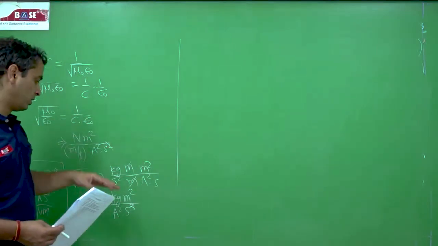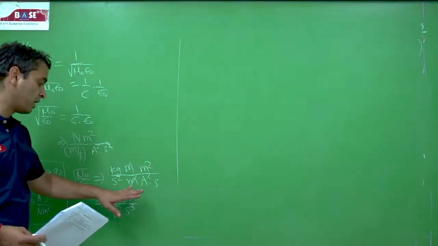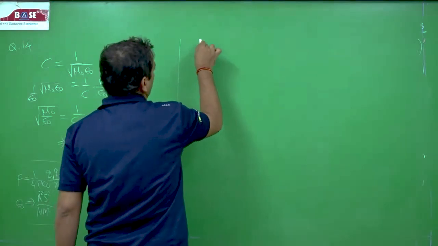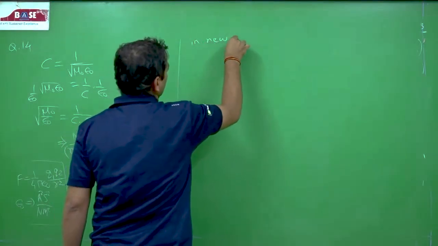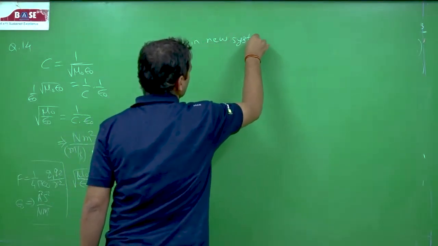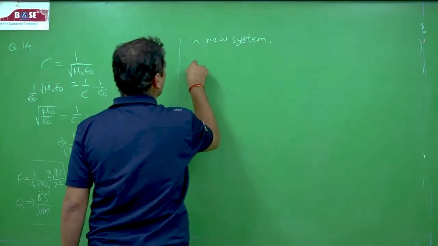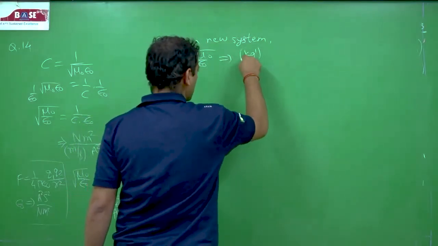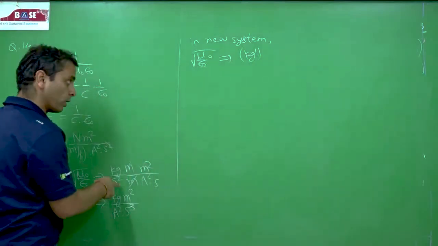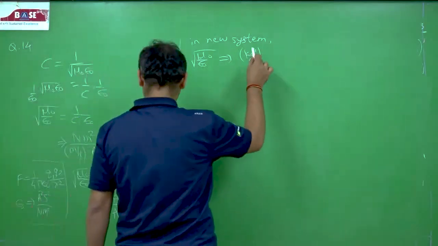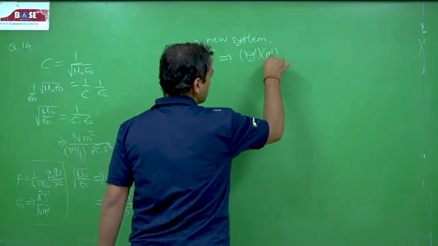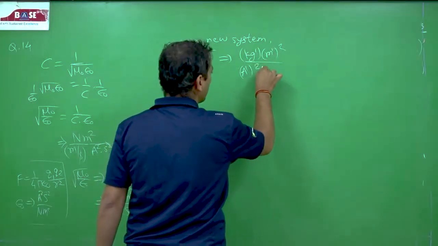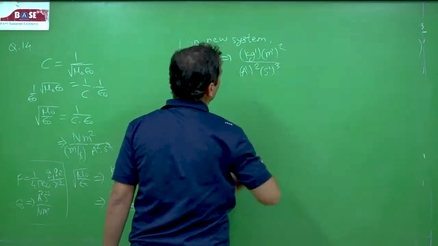So I'll call that new units as kg dash, meter dash, ampere dash and second dash. So in new set of units, in new system, we could write units of root of mu naught by epsilon naught as kg dash to the power 1, mass to the power 1, kg dash into meter dash square divided by ampere dash square second dash cube.